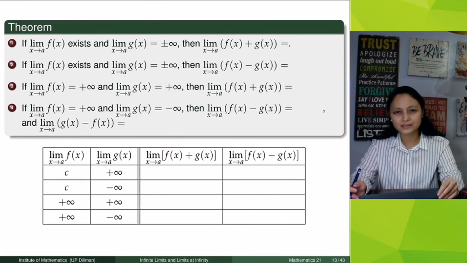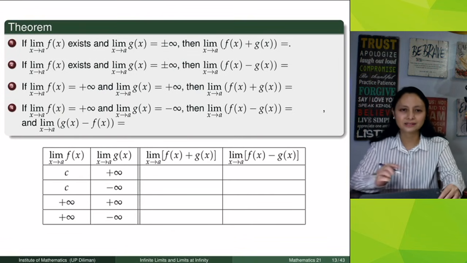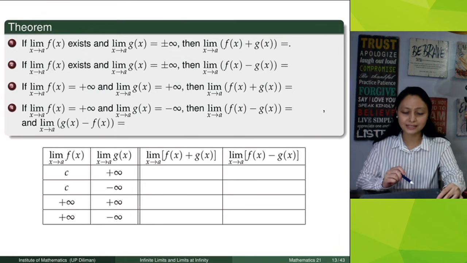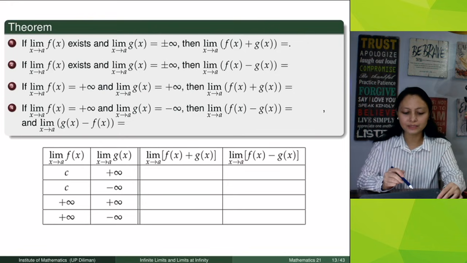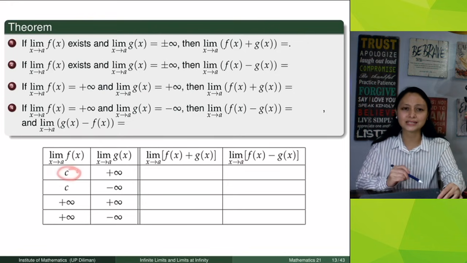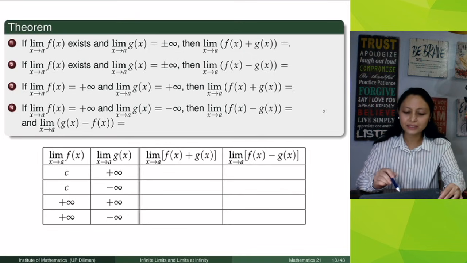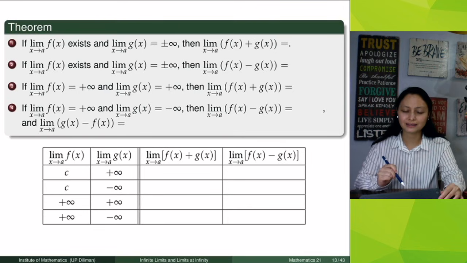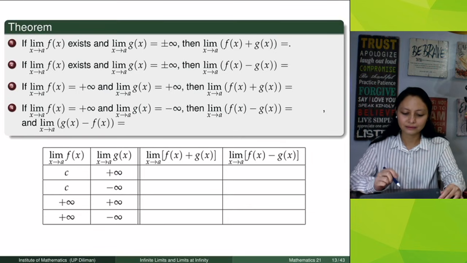Now, let's look at some more properties, some more operations. Suppose the limit of f of x as x approaches a is c, and the limit of g of x as x approaches a is positive infinity. What will be the limit of the sum of f and g as x approaches a? Di ba?